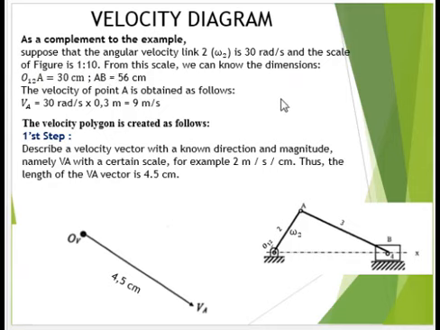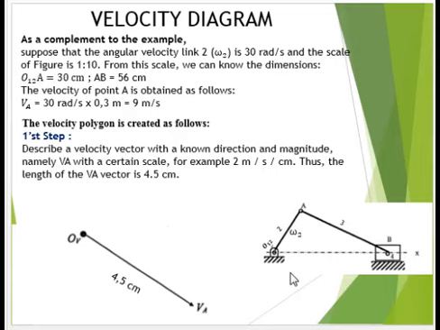From this scale we can know the dimension of O12A for this radius is 30 cm, and the radius AB, or link 3, has a dimension of 56 cm.